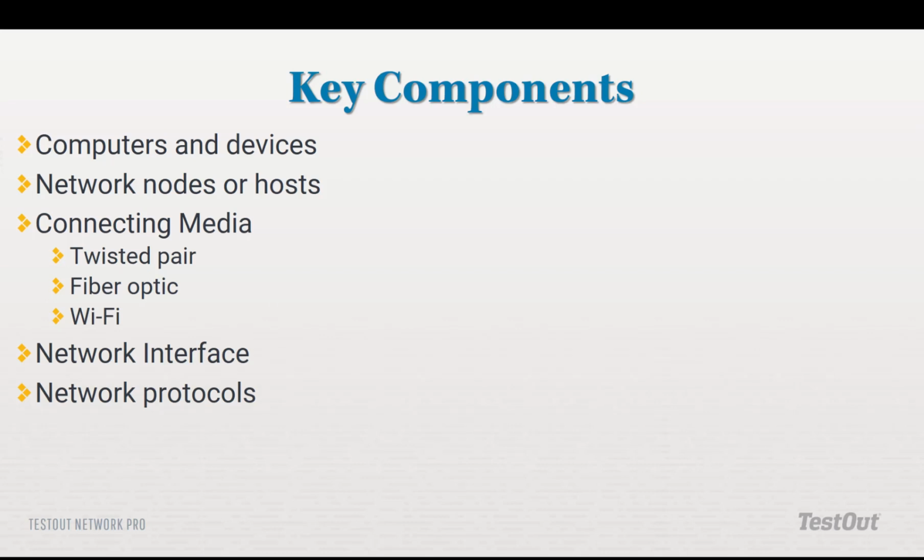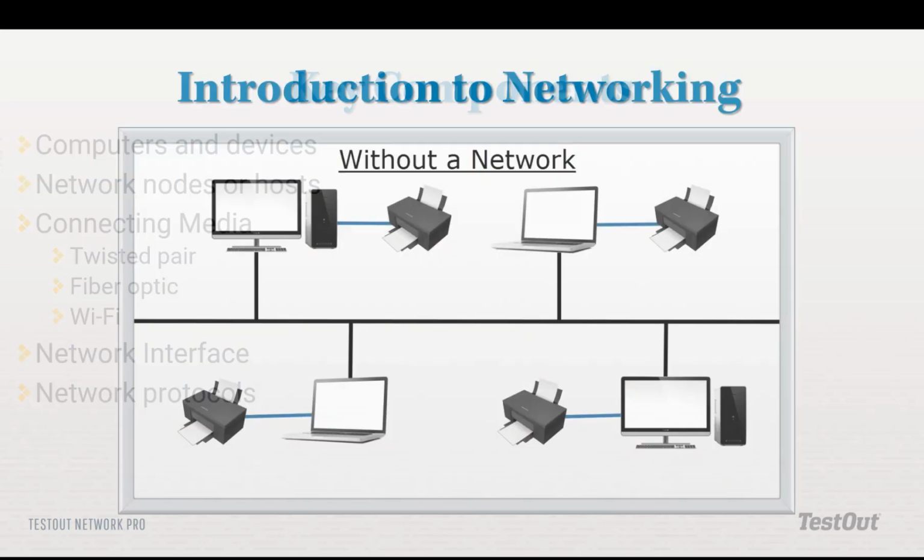Fiber optic is more for between your school or your business and the internet, or between buildings or between floors. Wi-Fi, most offices, most businesses, most everything now have Wi-Fi, so your phone, your iPad, and your laptops can all connect to it. The network interface, which is the card itself, you're going to learn, and the protocols such as TCP/IP, that's what's used for communication.